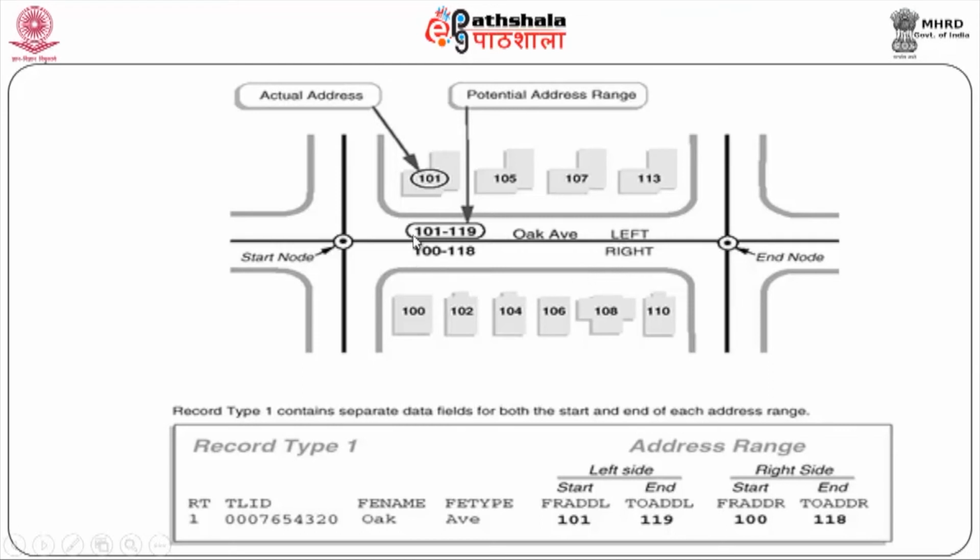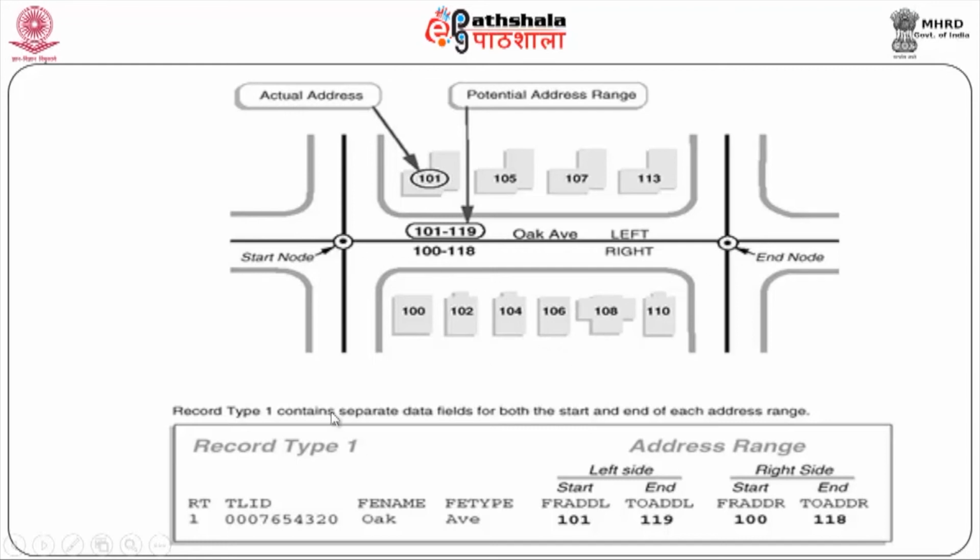In the case of the numbering I was telling you, 100 to 119 or 120, it could be more also. 101 to 119 is stored on this side, and 100 to 118 is stored on the other, that is odd numbers and even numbers. Don't worry about missing numbers, they are just for representation: 101, 5, 7, 13; 100, 2, 4, 6, 8, 10. It could be continuous, or there could be a break.